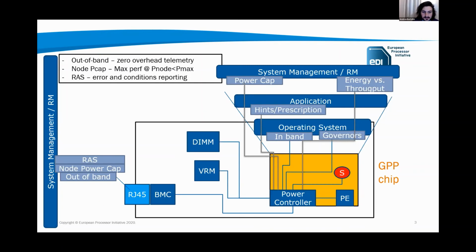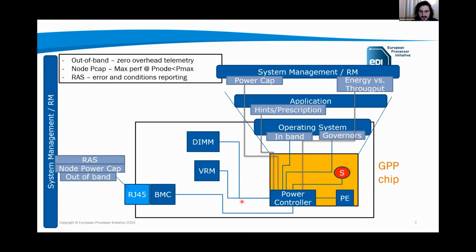So all these services have to be implemented and realized by the power controller unit in the context of an HPC system. And of course, as you can see, designing it poses challenges in terms of evaluating and emulating all the interfaces with those components.